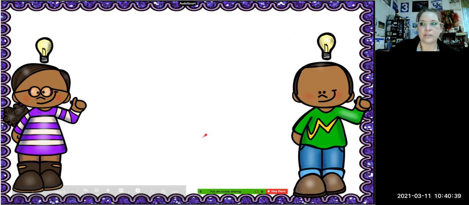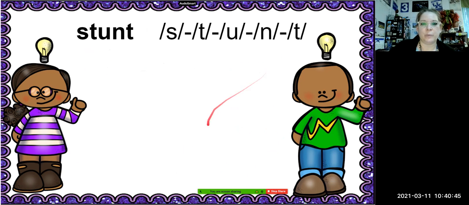The daredevil did a scary stunt. Stunt. Let's stretch that word apart. We have unt, unt. Now we have two blends in this word. We have st and we have nt, but we are focusing on the ending blend on all of our words.